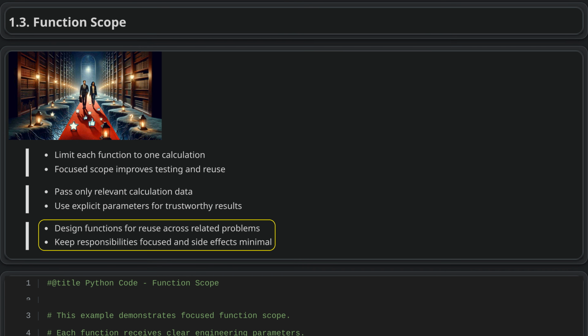It should have one clear responsibility, such as calculating a cylindrical tank's volume, and avoid unrelated tasks like printing reports or saving files. Keeping functions focused reduces side effects and helps engineers build larger programs from reliable, well-defined parts.